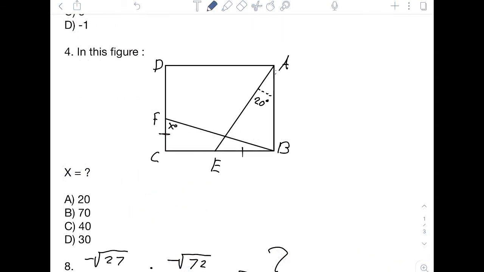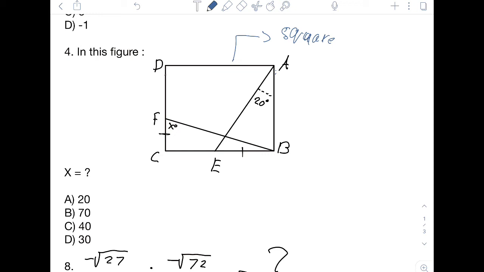So moving on to question 4. We have here this figure, which is a square, by the way. Like the whole thing is a square, everyone can tell that. But now let's see where to start. Let's start by laying out what we know.